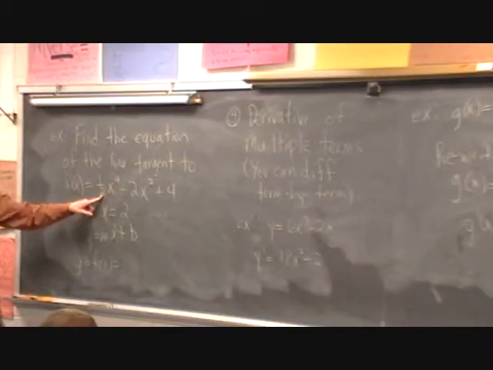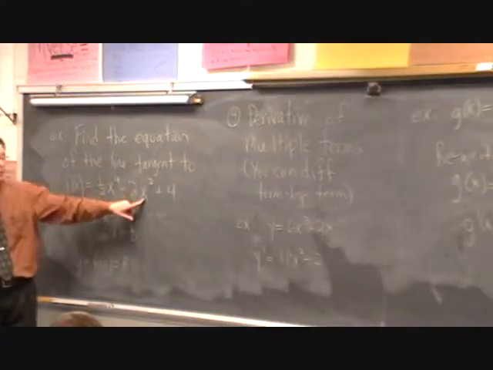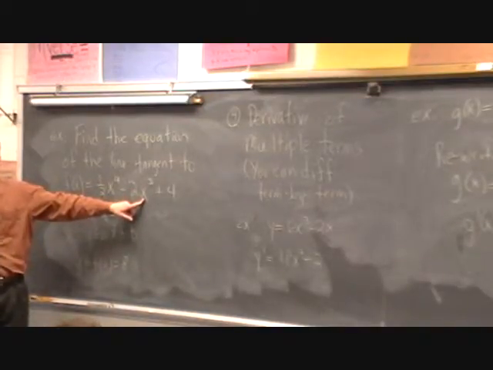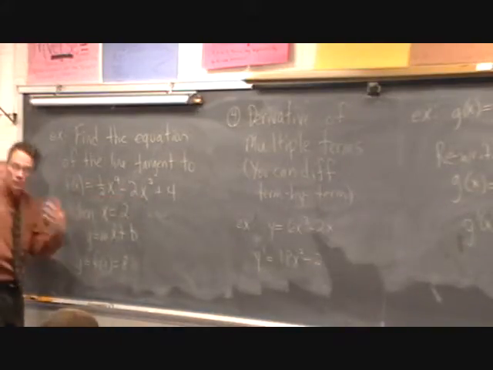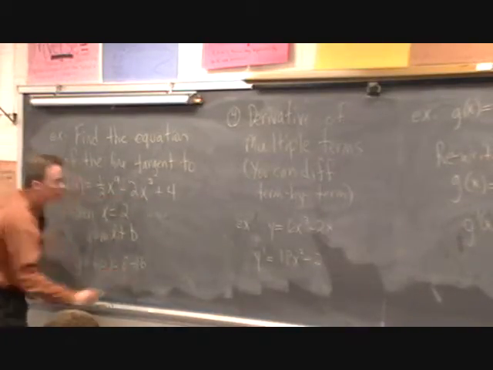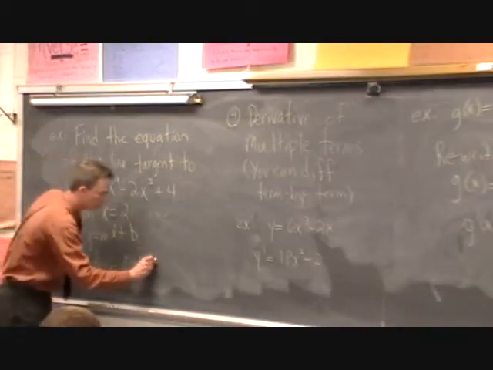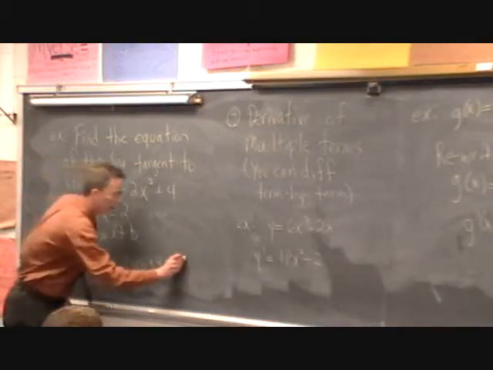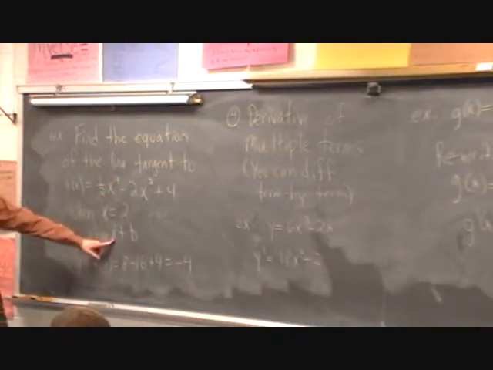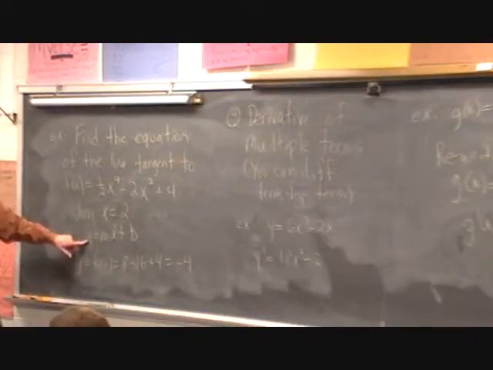Cut it in half, and it's 8. 2 to the 3rd power is 8, times negative 2 would be negative 16, plus 4. Negative 4. All right, we've got our x, we've got a y value.